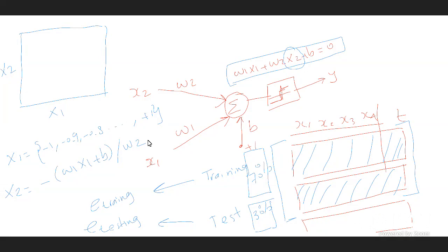If I have one class, a red class, and a blue class, with some points here, in this case we can plot a decision line which will look like this.